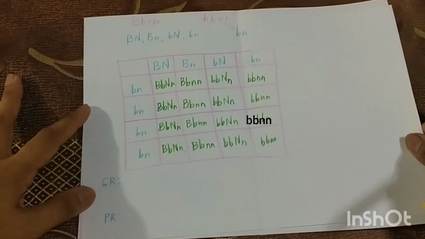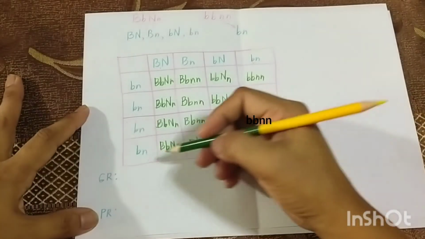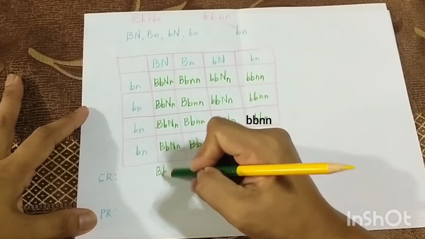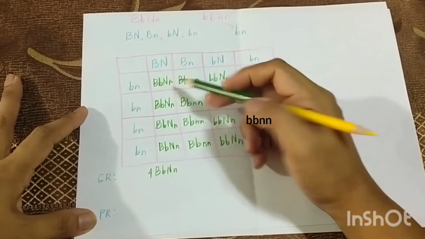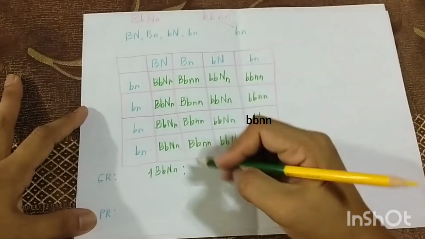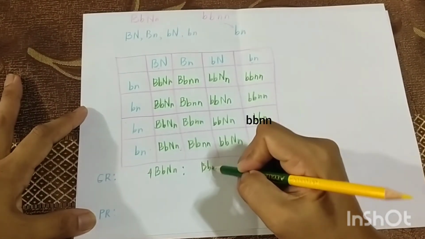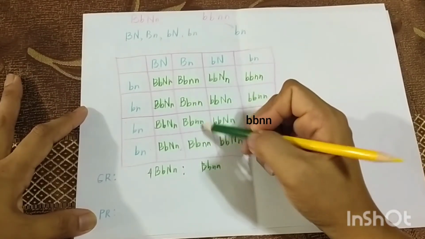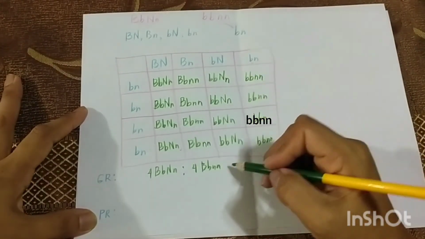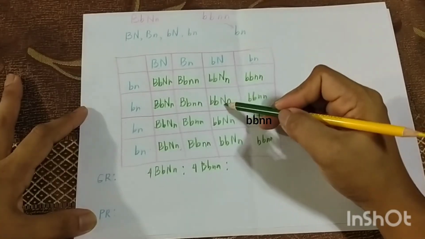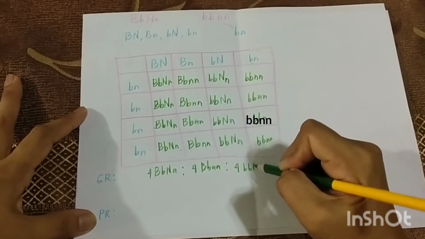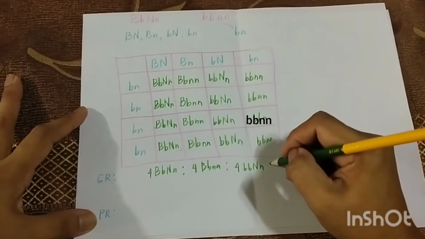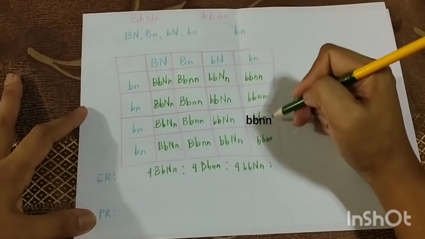So for our genotypic ratio, we have 1, 2, 3, 4. Then 1, 2, 3, 4. 1, 2, 3, 4. And another 1, 2, 3, 4.